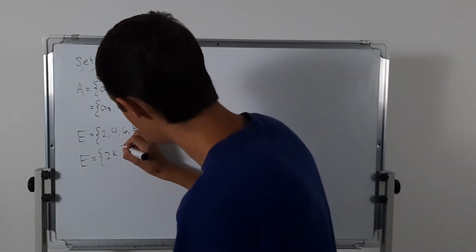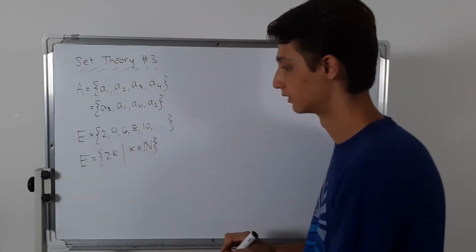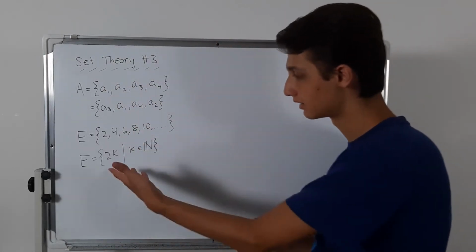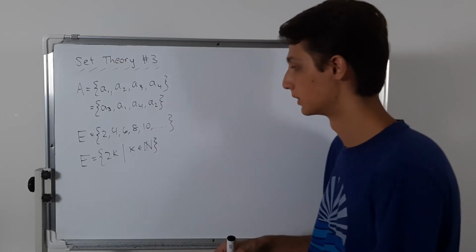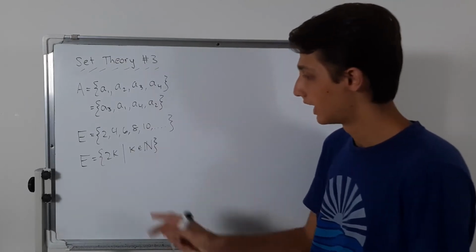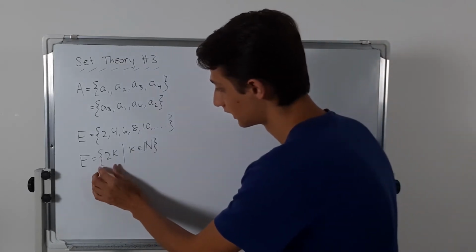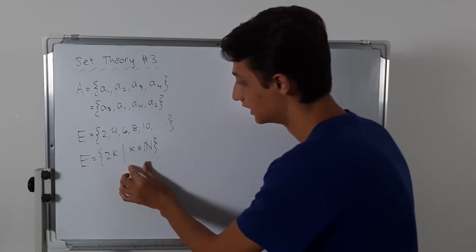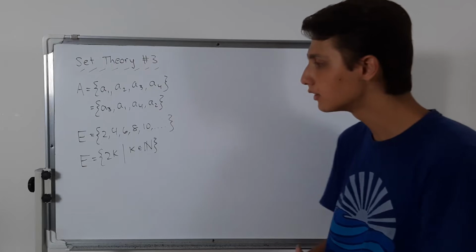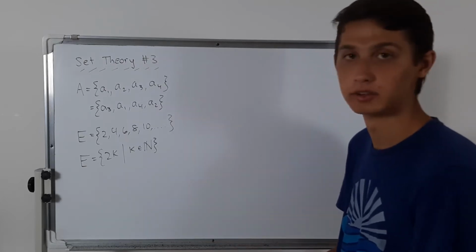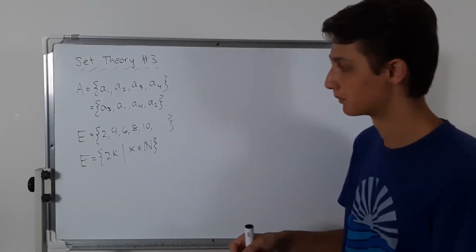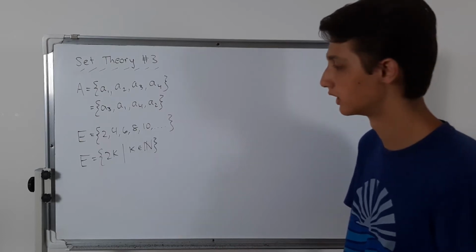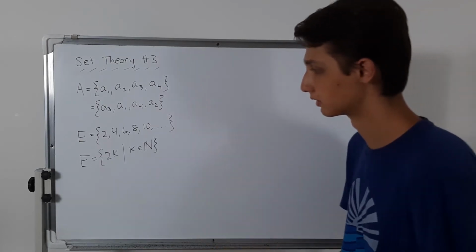Sometimes people write it like a bar in the middle. I like to put it like this sometimes, but it just depends. And so this is the set of all these things with this condition, okay? And so that's how we write in set builder notation. I don't think it's too difficult to understand. We can just basically write it like this.